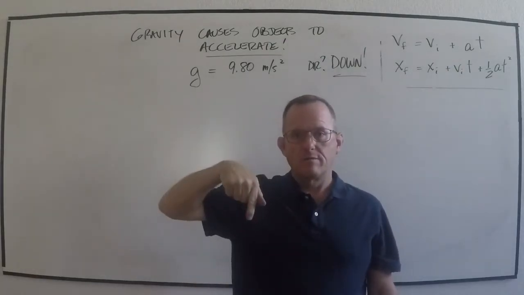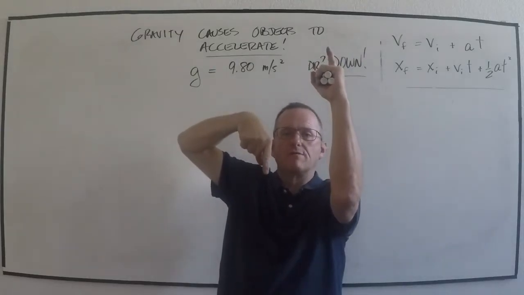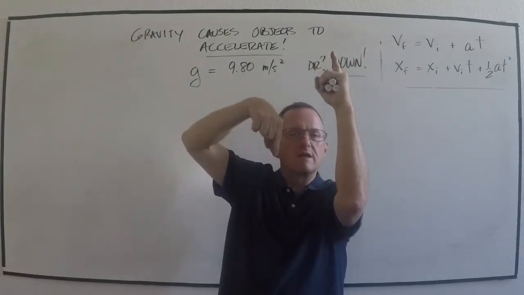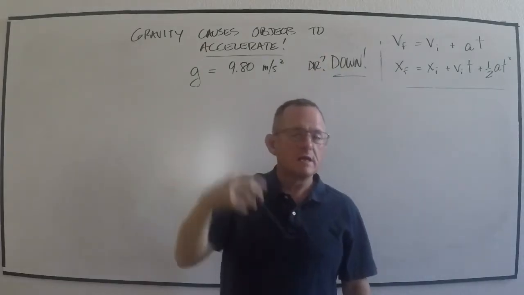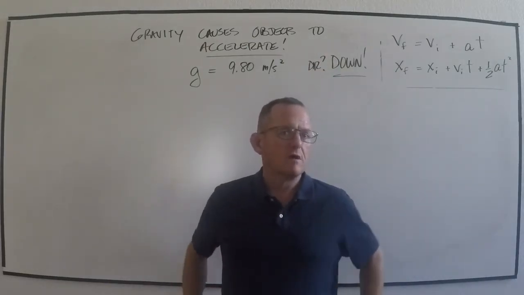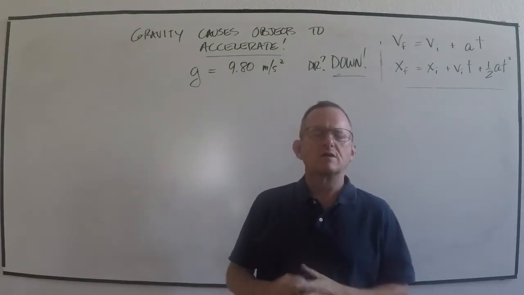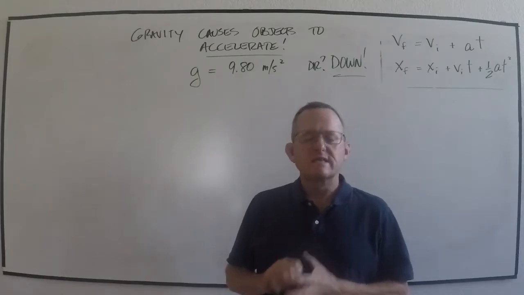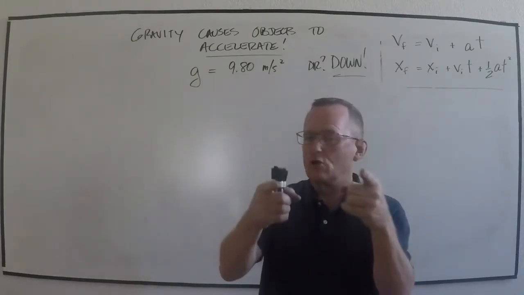It is down, which means if you define up as positive, then the acceleration of gravity is negative. But if you define down as positive, then the acceleration of gravity is positive. So there's nothing inherently negative about gravity or its acceleration. It is down. Whether or not that is positive or negative depends on you.